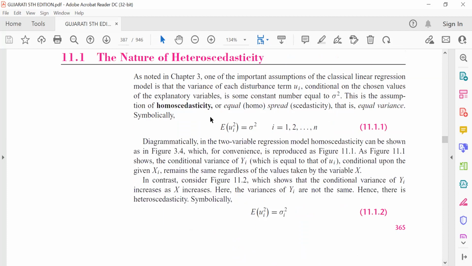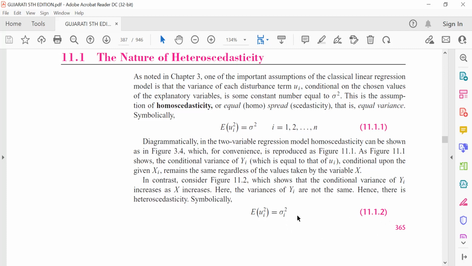Homoskedasticity is stated in equation 11.1. This means the variance from the beginning until the end of the observations is the same, because there is no subscript i on the sigma square. It is different from 11.2, because there is an i in the sigma square.